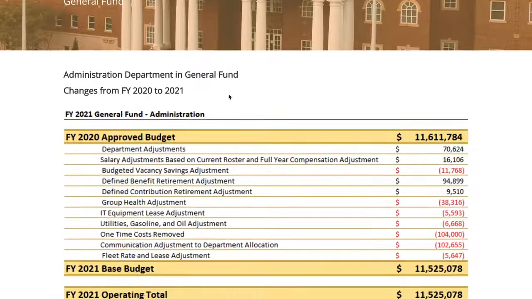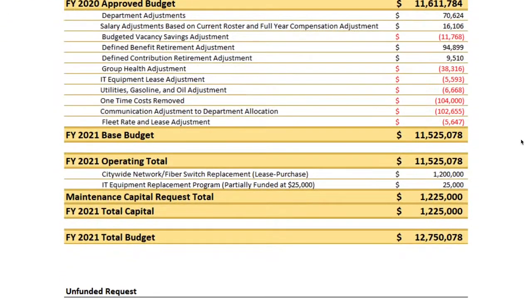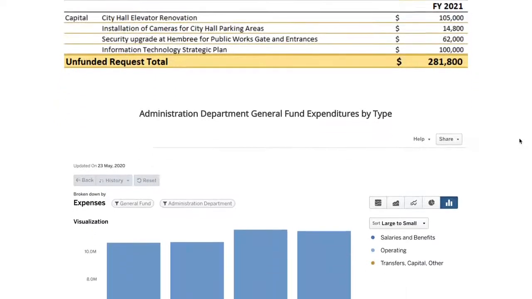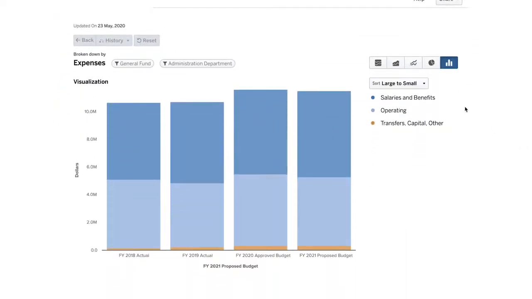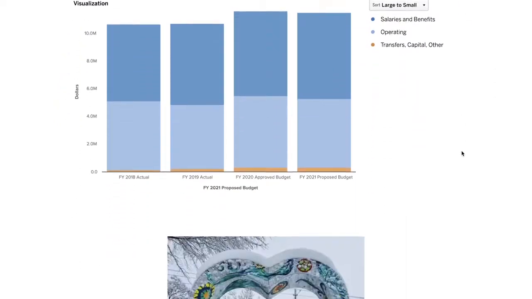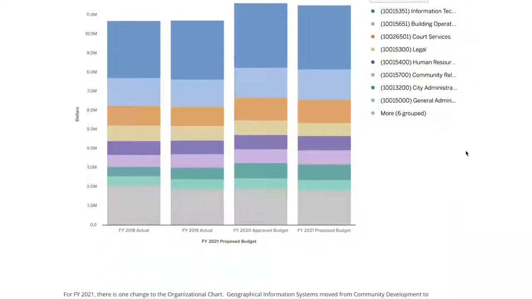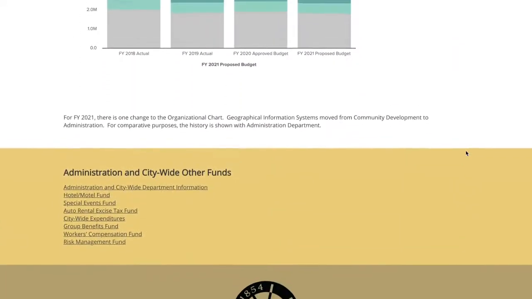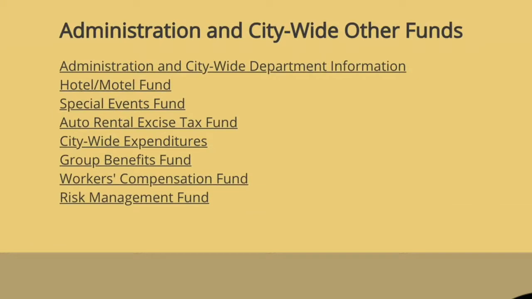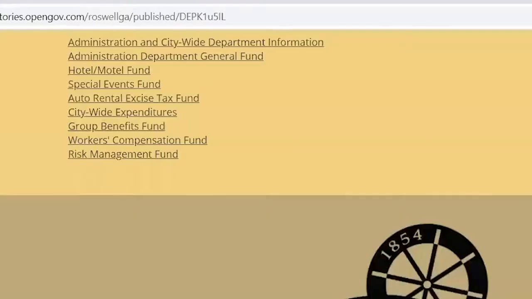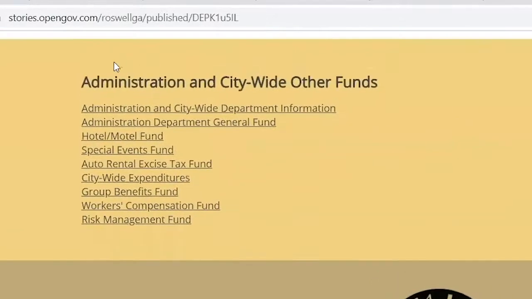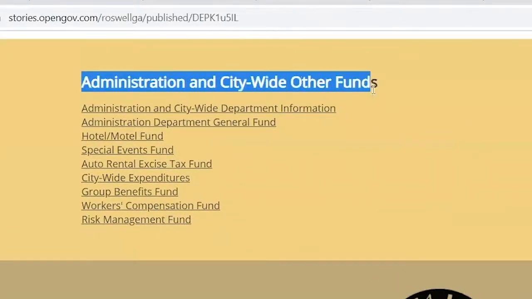We also tried to keep the content on each page manageable, where our citizens and council would be looking at information, and then at the bottom we always had a legend or a table of contents, and also on our department pages they had links to the other funds within that department. It was all just formatting within OpenGov stories.